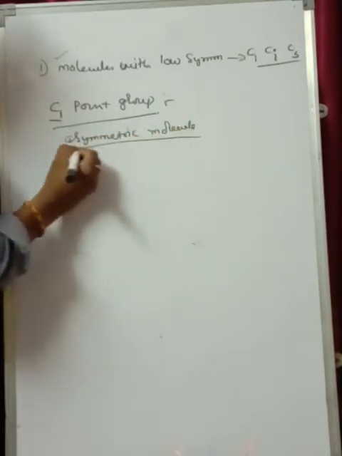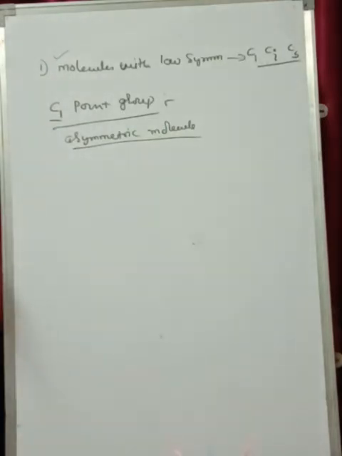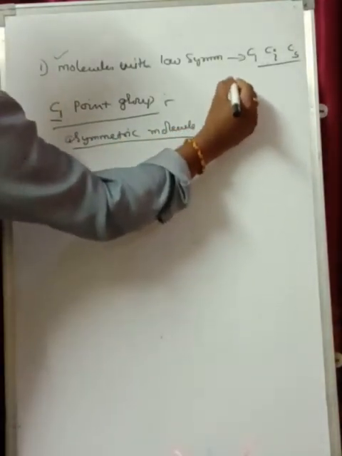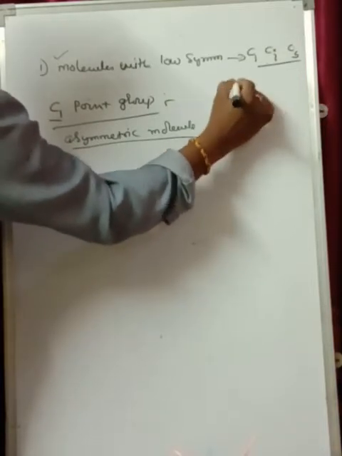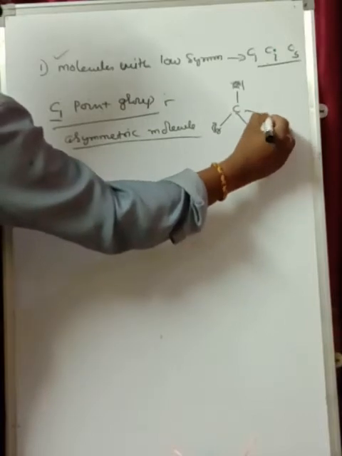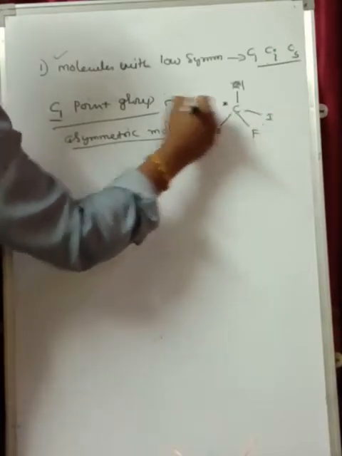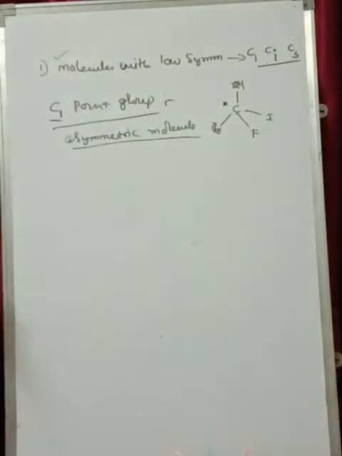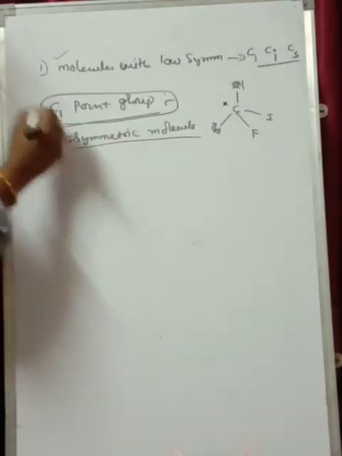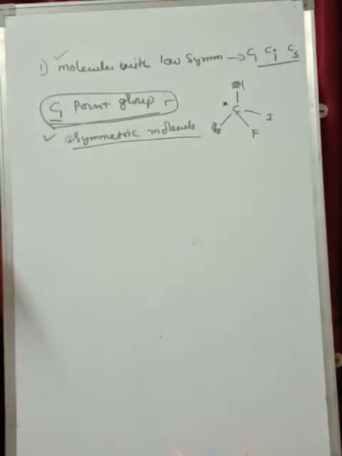We can also take the example of a chiral carbon, which comes under this particular point group.